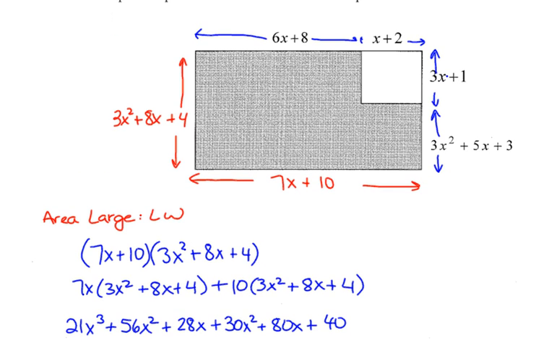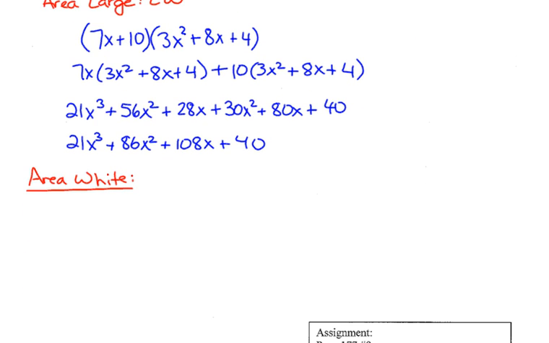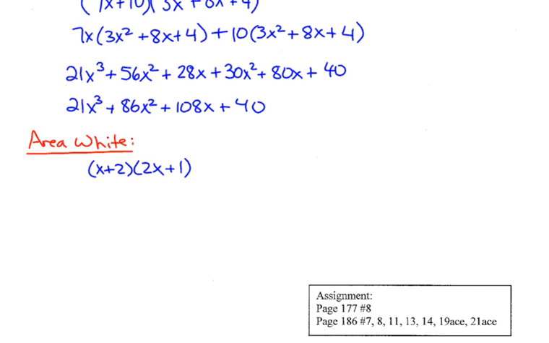The white area. So what are the dimensions of the white area? X plus 2 and 2x plus 1. Oh, 3x plus 1, thank you. So go ahead and multiply those.